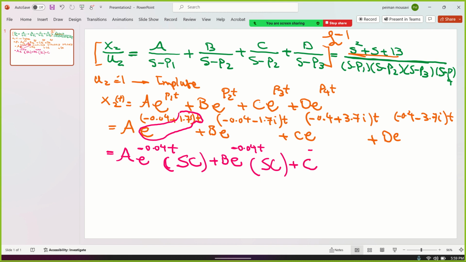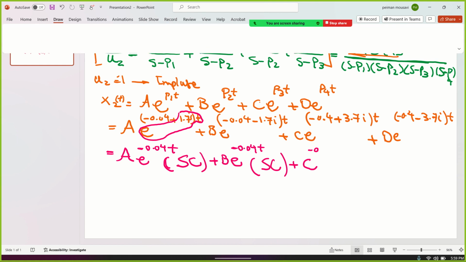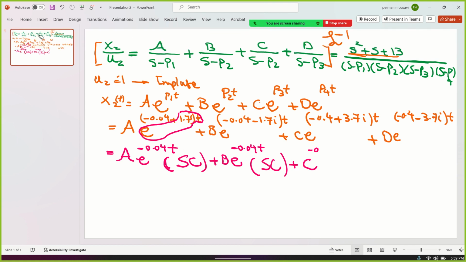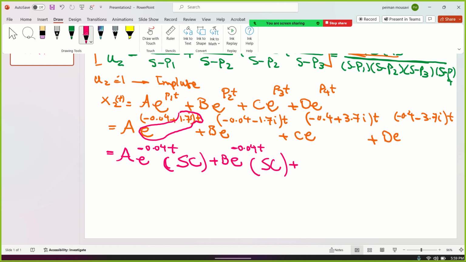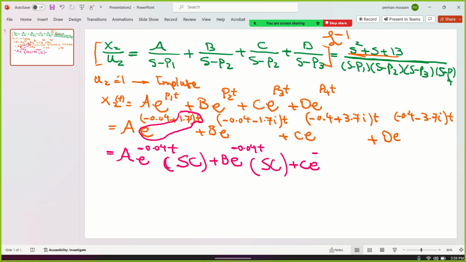C e^(-0.4 t), other sine, cosine terms, plus D e^(-0.4 t) sine, cosine. Okay, guys, I taught you a million times.